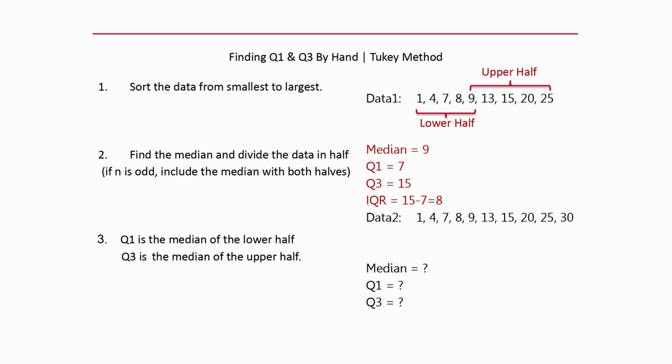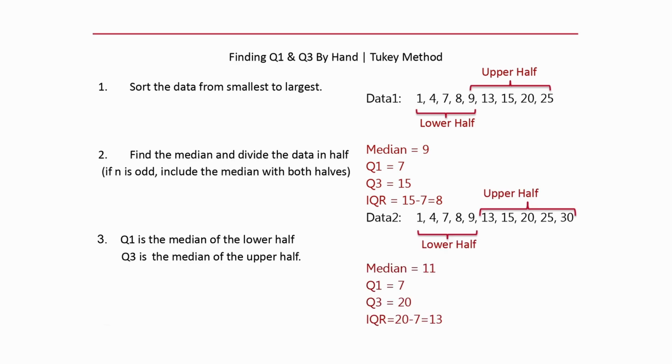So the lower half is 1, 4, 7, 8, 9, the median of which is 7. That is Q1. The upper half, 9, 13, 15, 20, 25, of which the median is 15. That is Q3. The difference between Q3 and Q1 is your interquartile range, which happens to be 15 minus 7, or 8 in this example.